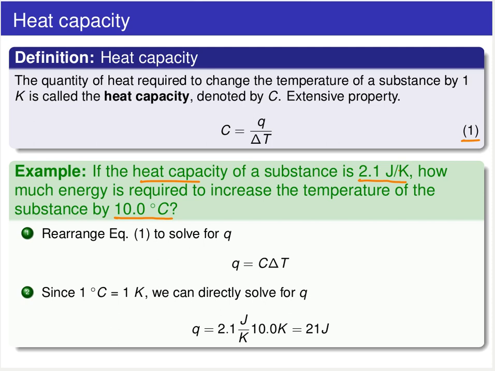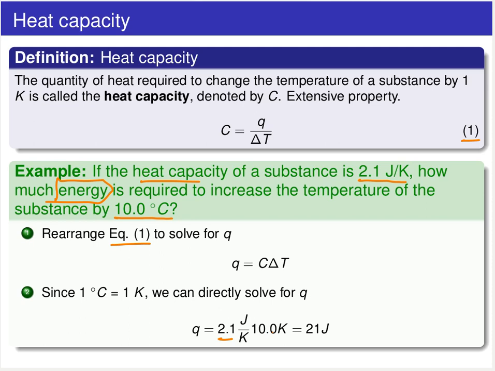What we need to figure out is how much energy is required to carry out a certain change. So we're going to rearrange equation 1 to solve for Q, and take the given values: C is 2.1 joules per Kelvin, and delta T is 10 degrees Celsius.